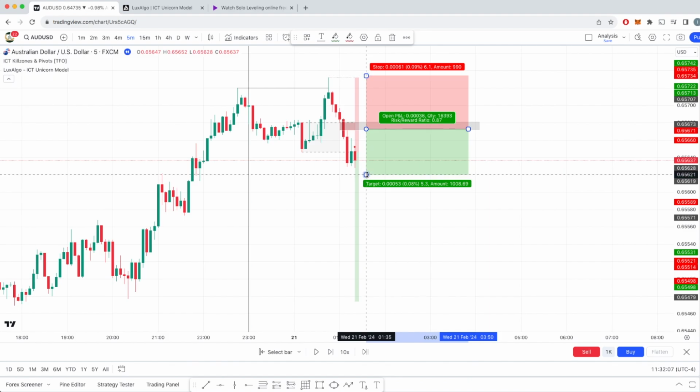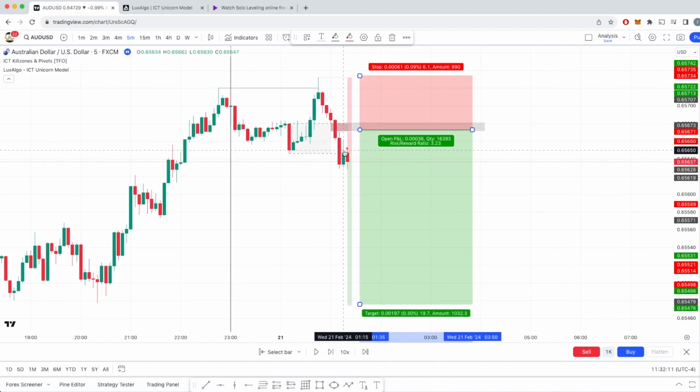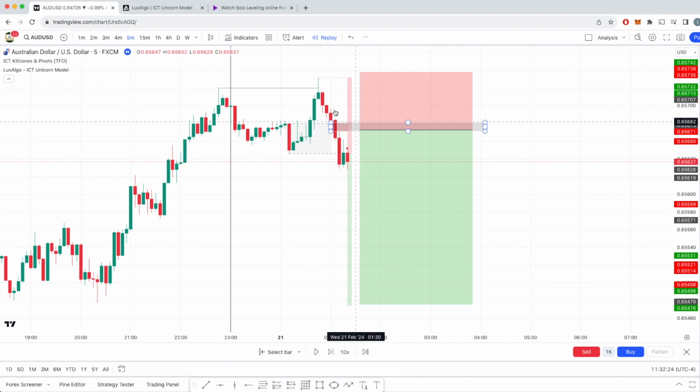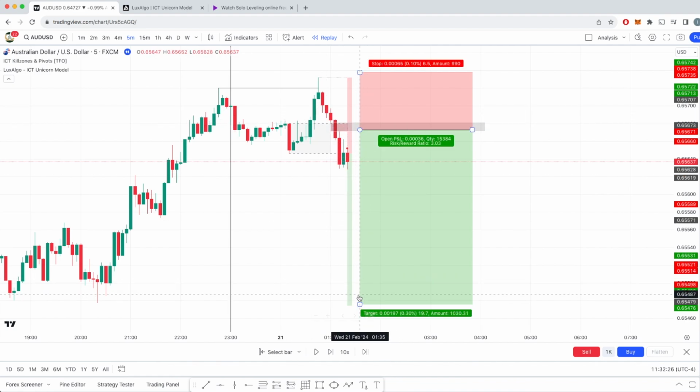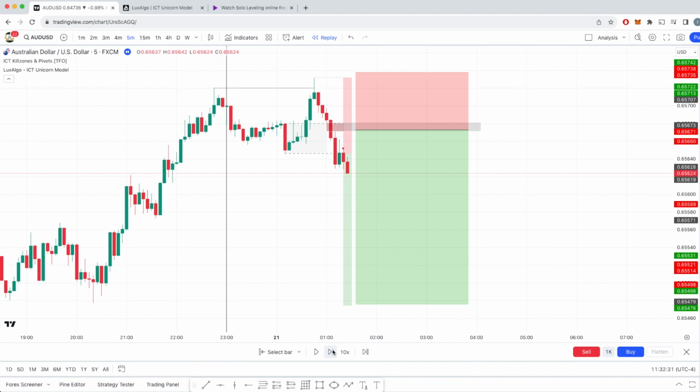So the first tweak I would do with this strategy, I think, is instead of waiting for the close of the candle, I would just set, just like I was doing in my backtest, my entry at the fair value gap itself, and then we'll use the same target as they did in this indicator.